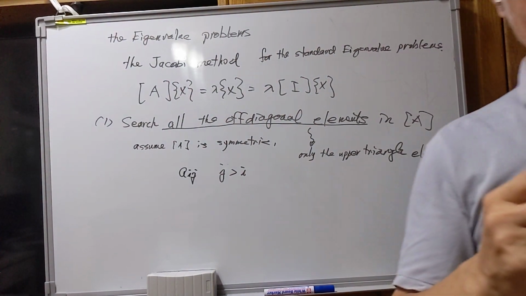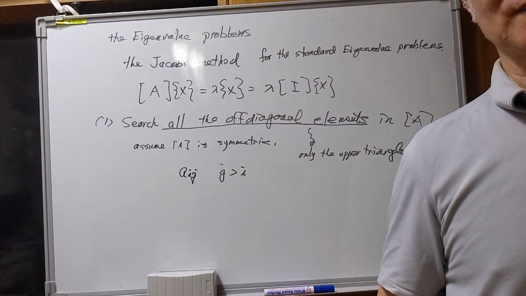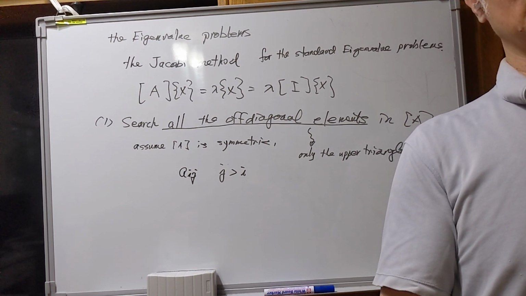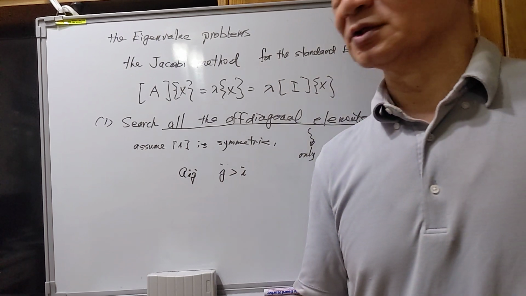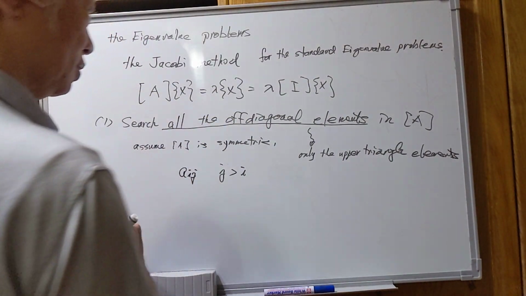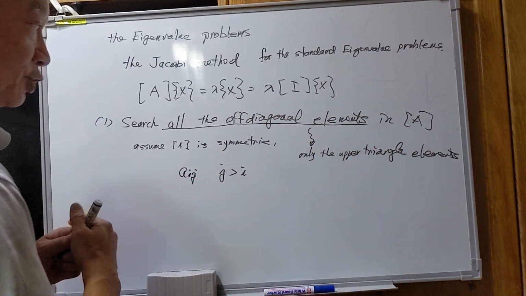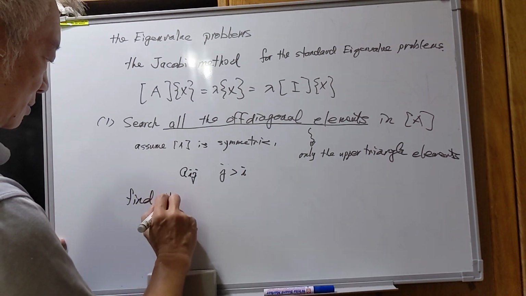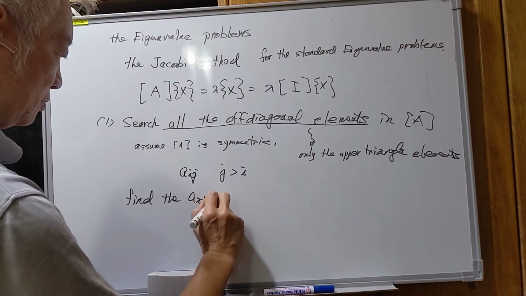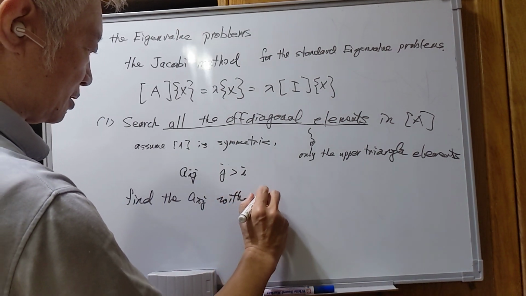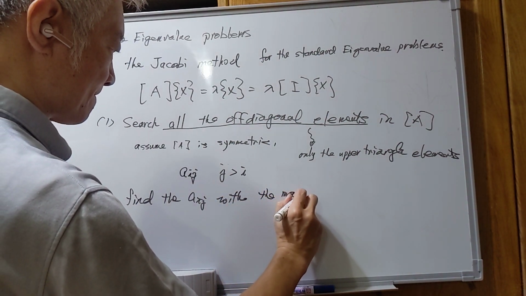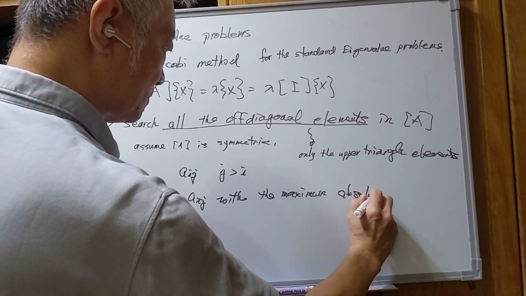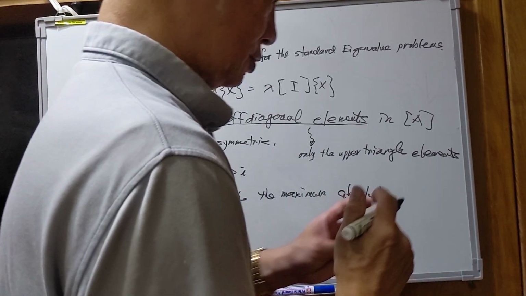That's the characteristic: if we have a symmetric matrix, we just search all the off-diagonal elements in the upper triangle and find the Aij with the maximum value.